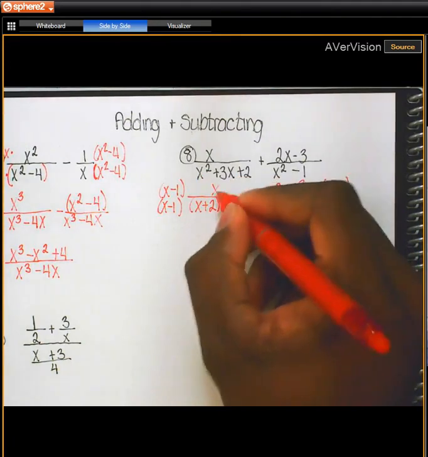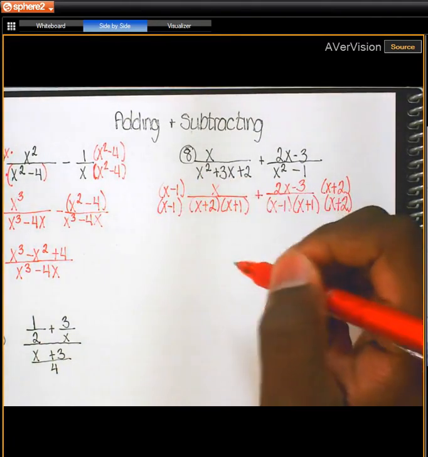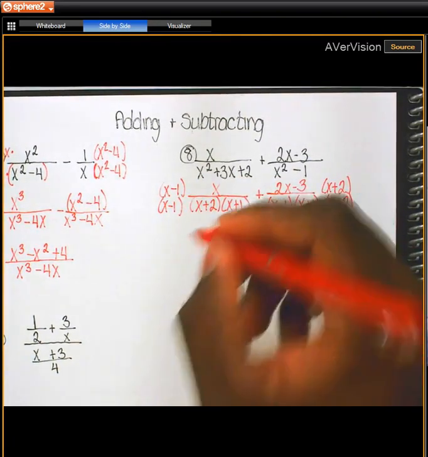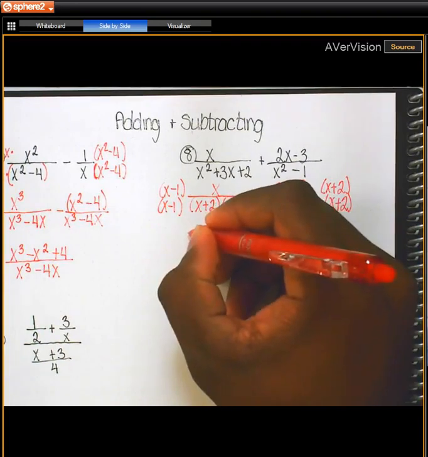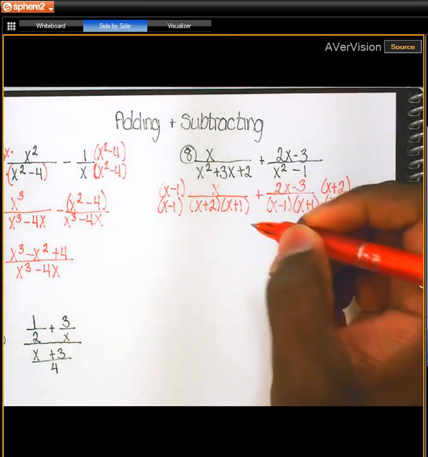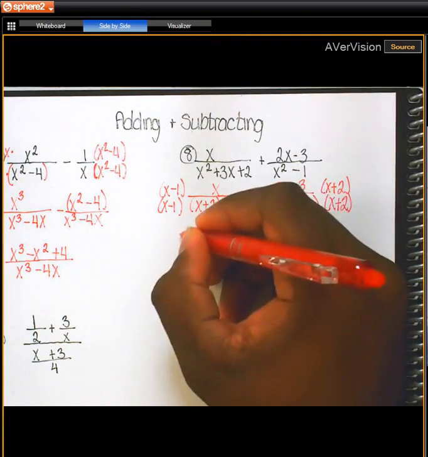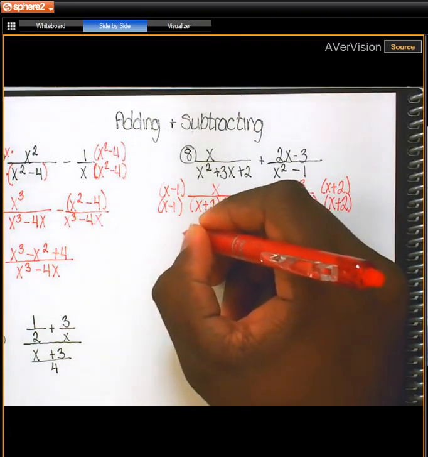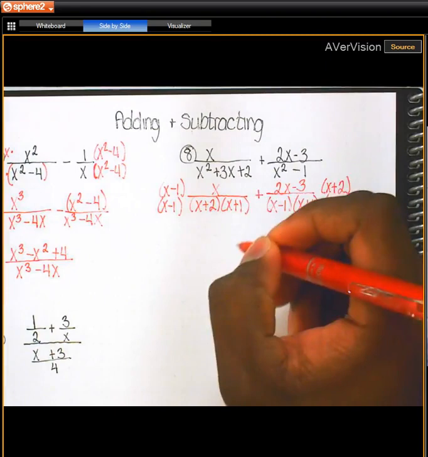So we have x times x minus 1. What is that? X times x minus 1.